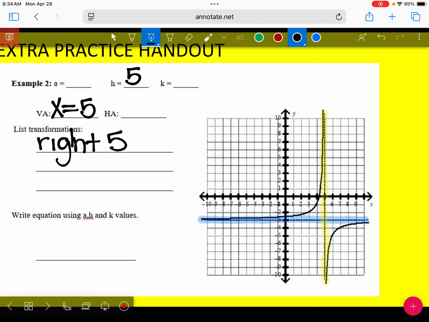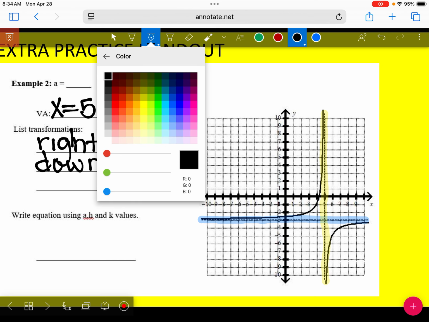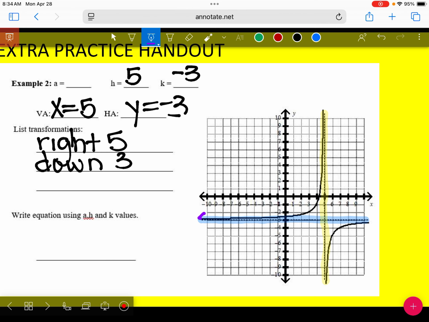All right, Diana, where is that blue line going through the y-axis? -3. So that means I have a horizontal one at y equals -3, which means it goes down 3. All right, so now I'm going to trace the graph in a different color.